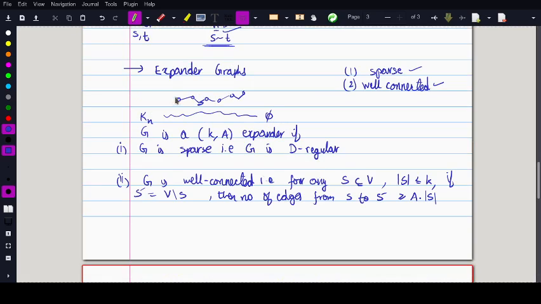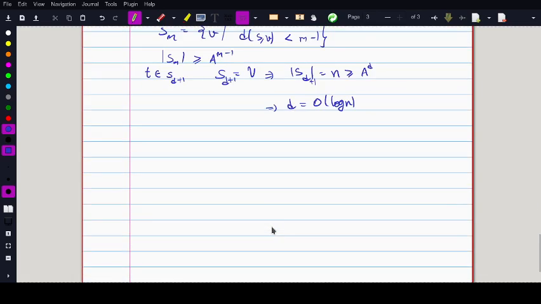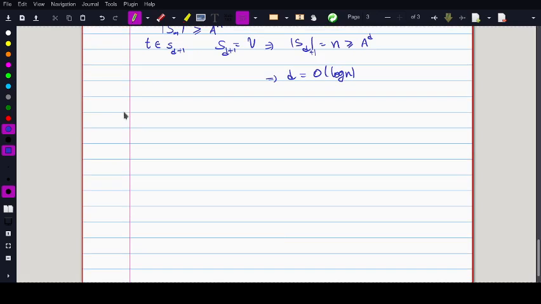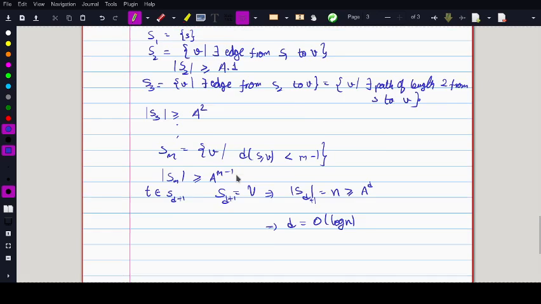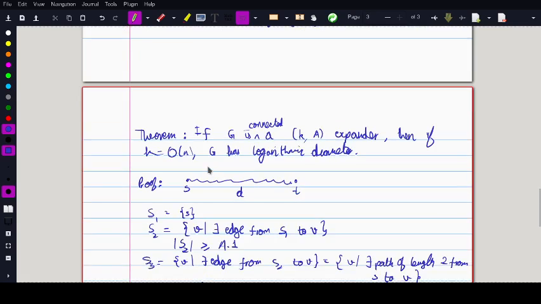So we know we can solve ST connectivity for an expander graph in logarithmic time deterministically using our derandomized algorithm. So yeah, let's continue. This was one way to define expander graphs.